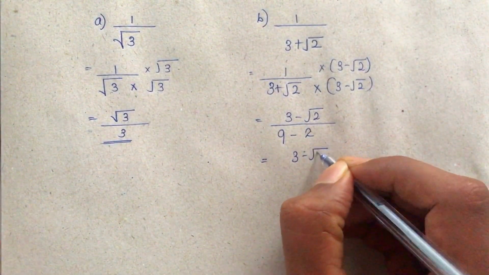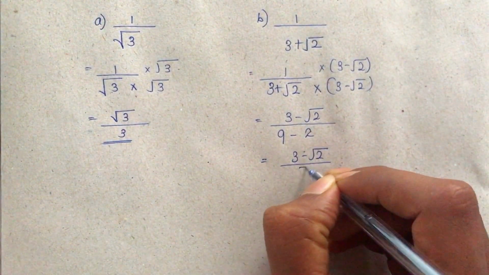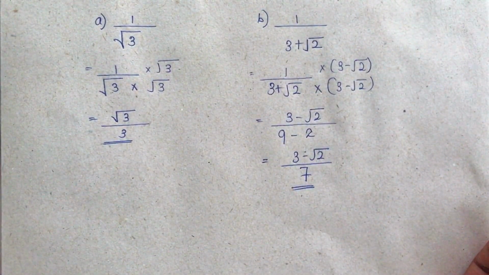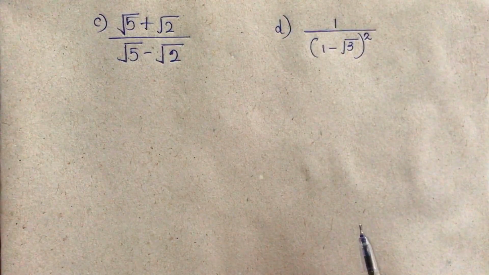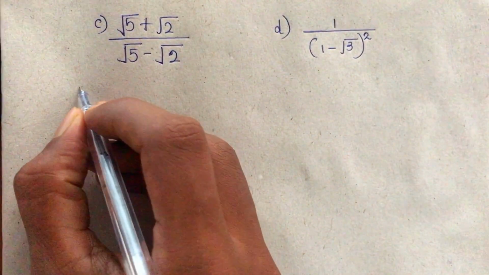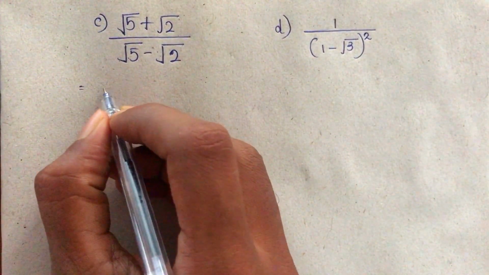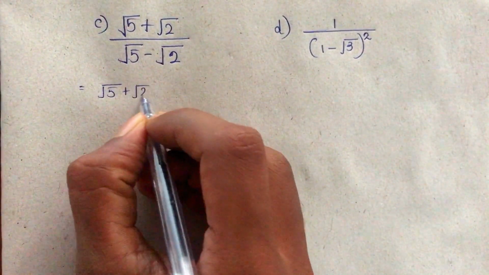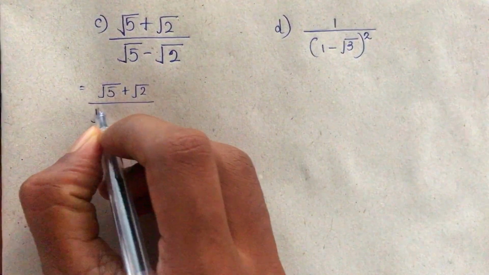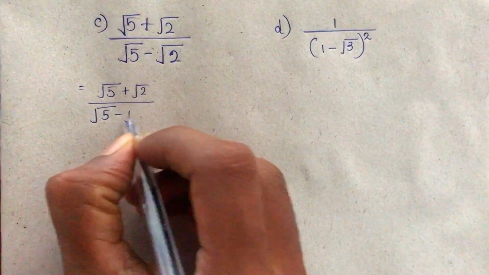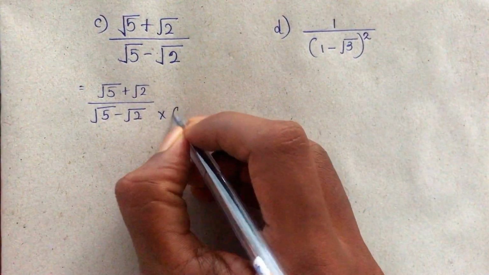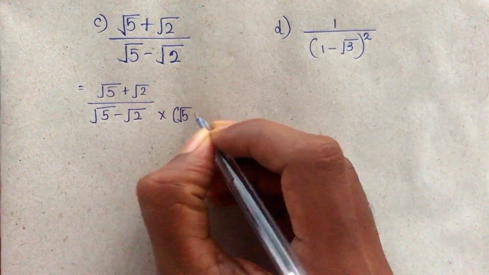Let's check another two examples like this. The third one is square root 5 plus square root 2 over square root 5 minus square root 2. Then you need to multiply by square root 5 plus square root 2 in top and bottom. Then you get the rationalized denominator.